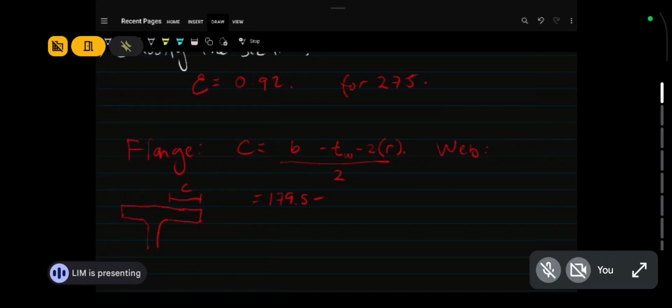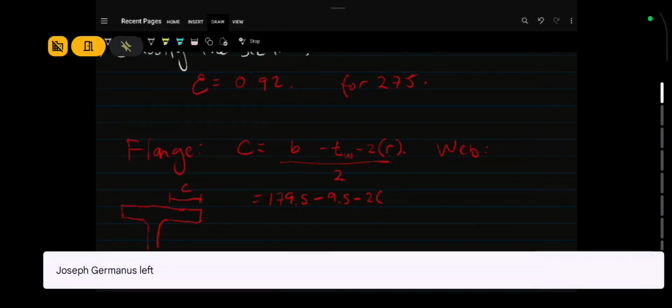TW, web thickness, is 9.5. What is R? Root radius, 10.2.